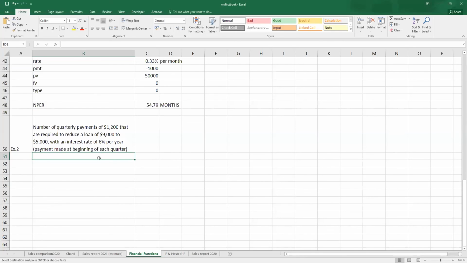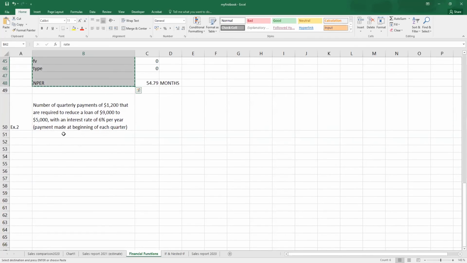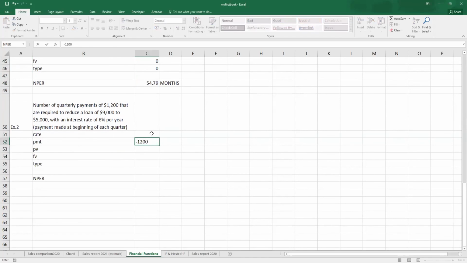We would like to find the number of quarters from the given information. Let me copy the list of arguments first. Since you pay 1,200 per quarter, the PMT is negative 1,200.